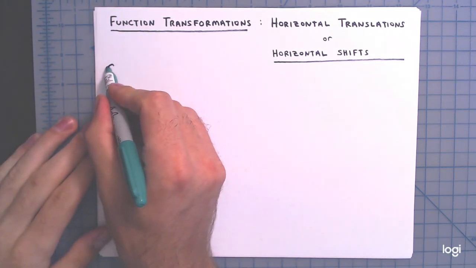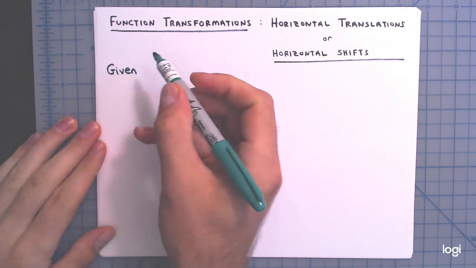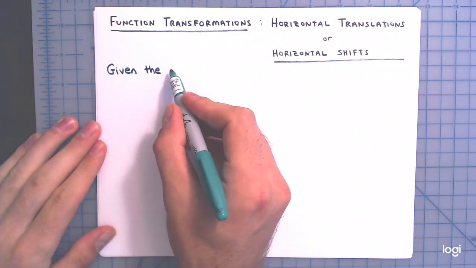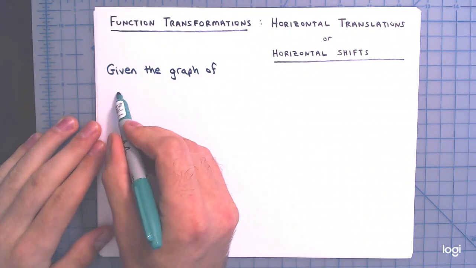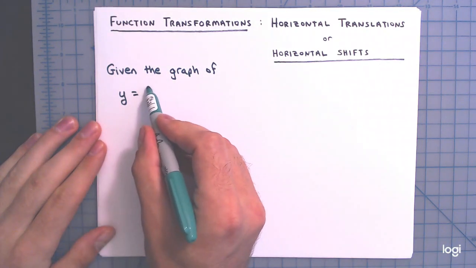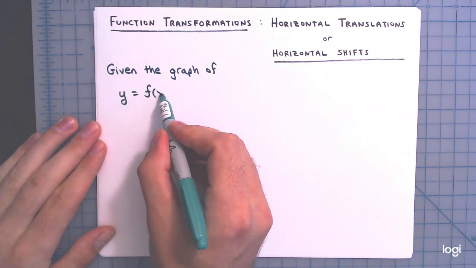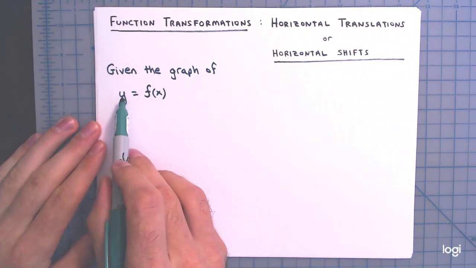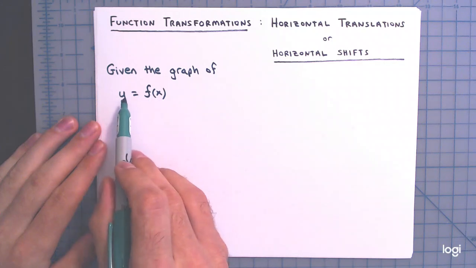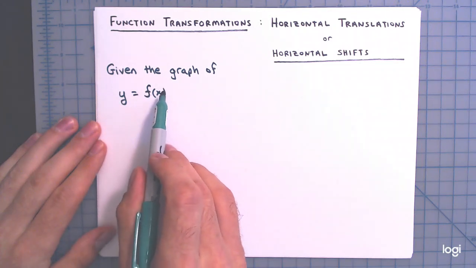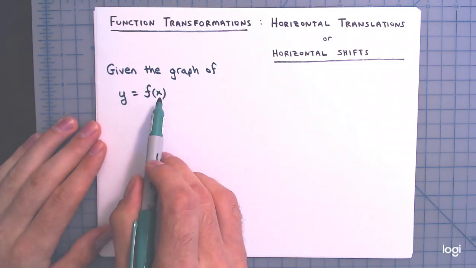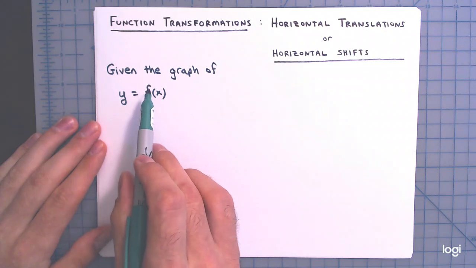So suppose we're given the graph of y equals some function of x, some expression that depends on x. So say y equals x squared, or y equals 2x plus 5, or y equals the square root of x, or whatever. This f of x just represents some expression that depends on the value of x.